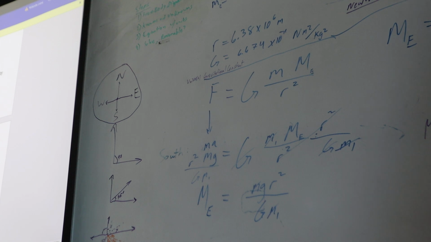Here it is. Alright, so now the units. We got meters per second squared. We got meter squared. And all of this is over kg squared.